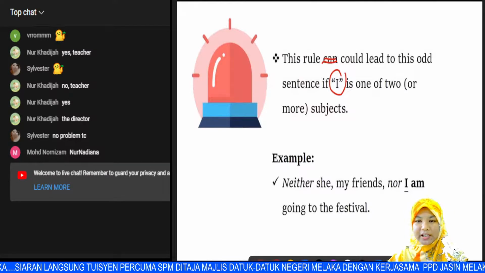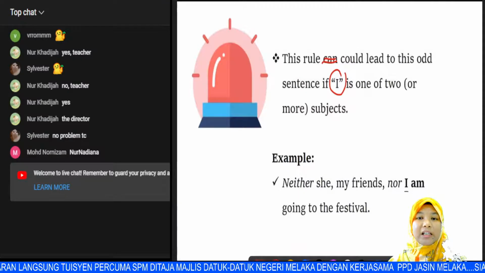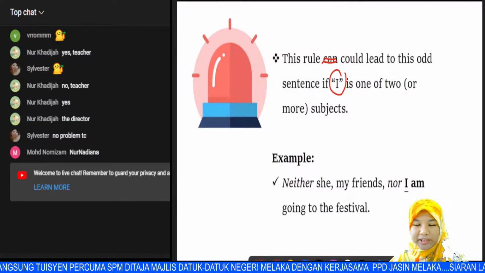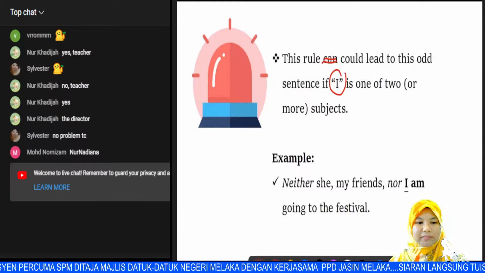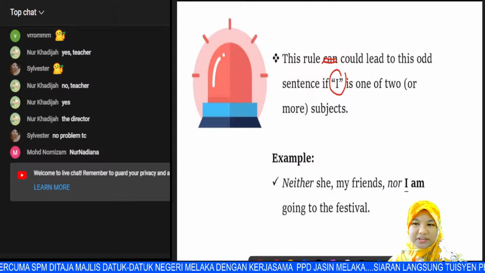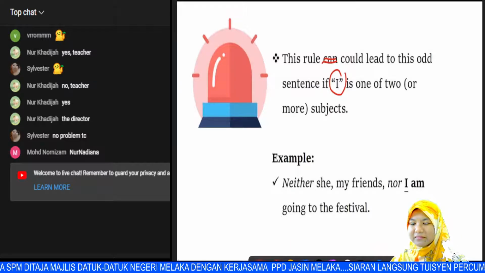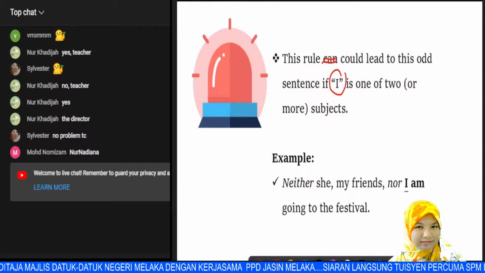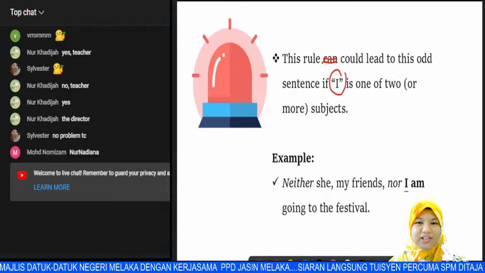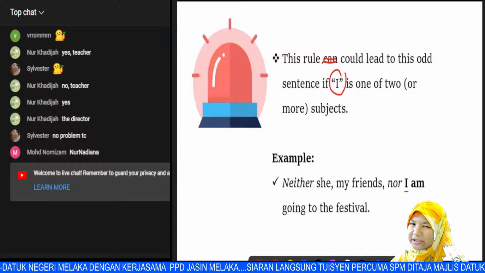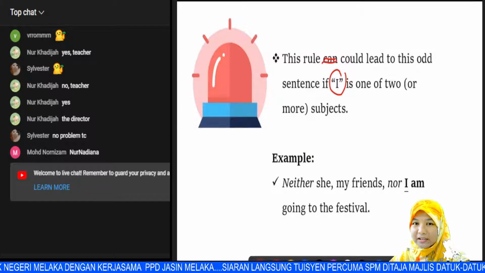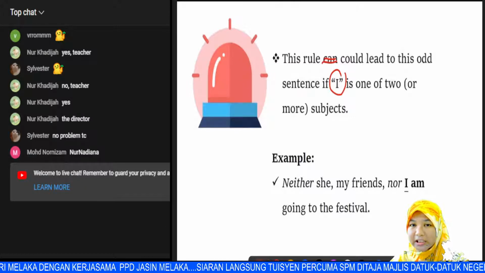I do not say that the sentence is grammatically incorrect. The sentence is correct, but sometimes you tend to think, teacher, this is wrong. It did not sound good. It sounds weird, but it's actually grammatically correct.